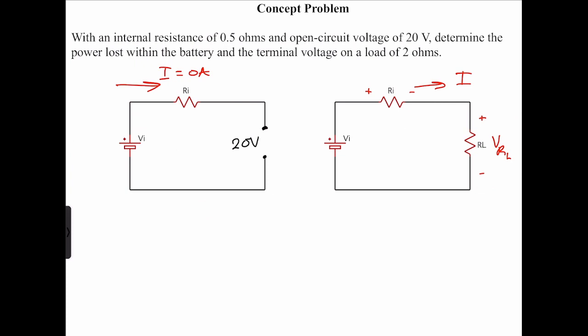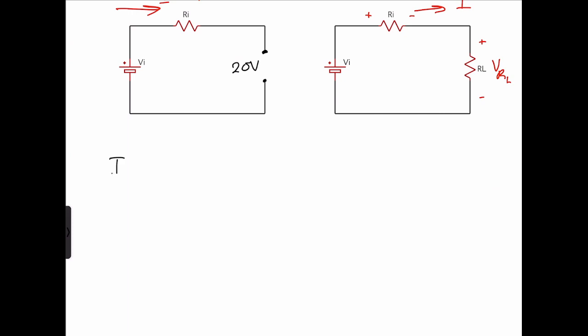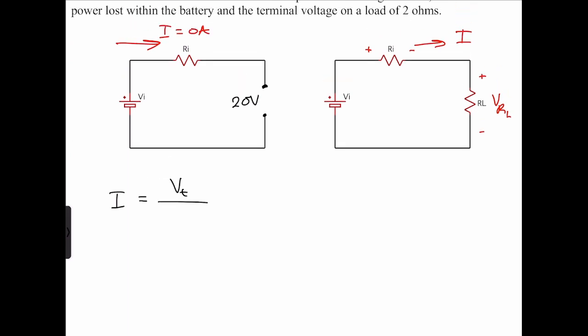So to find the power loss and the terminal voltage on the load, we need to find the current when the load is connected. We can find the current when the load is connected as I, and that is equal to the terminal voltage of the battery, which is 20 volts, Vt, divided by the total resistance seen by the voltage source, and that will be Ri plus RL.